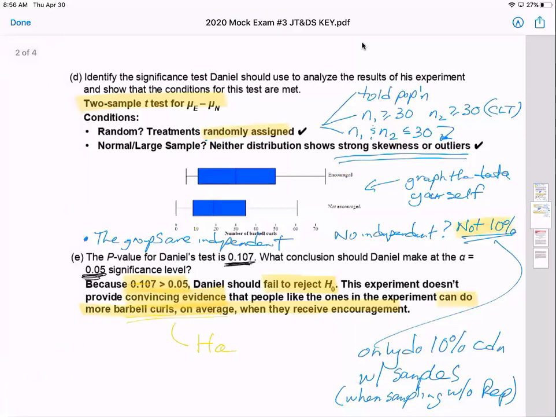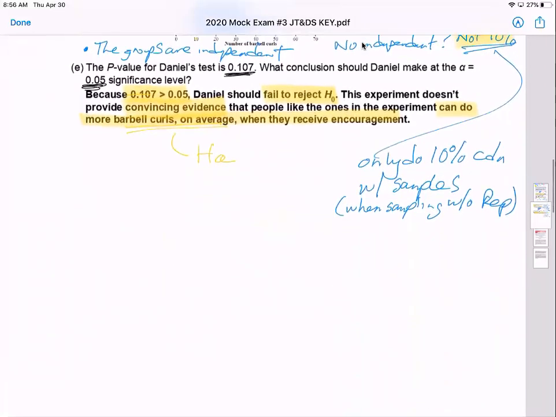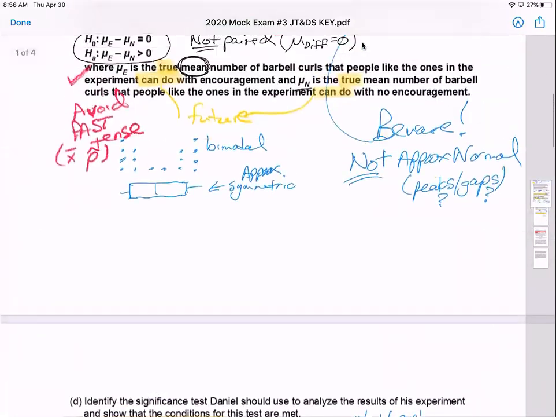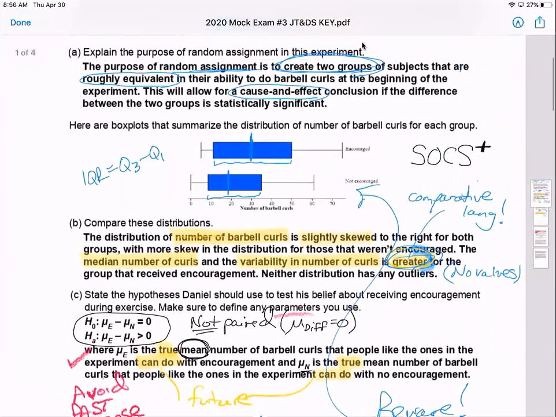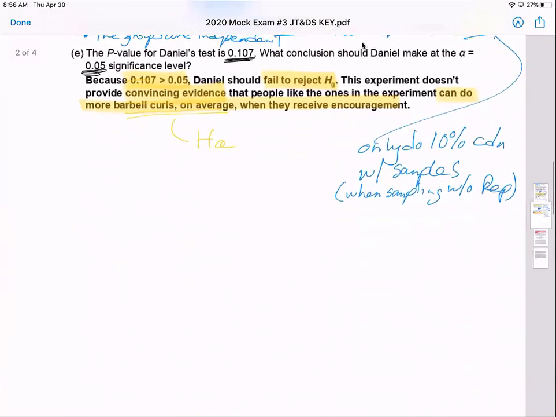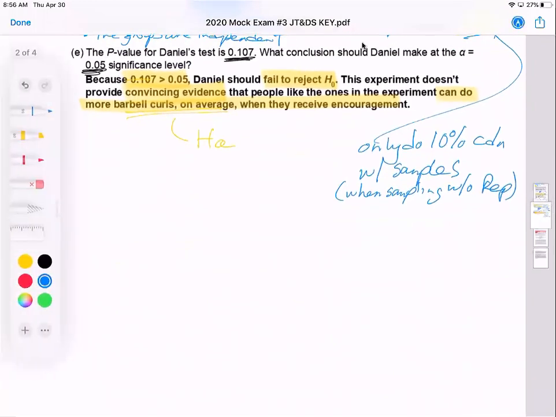And maybe while we're here, let's just review interpreting a p-value. That's definitely fair game. So interpreting a p-value, we don't know the actual difference. We're never told the difference in means. So I'll just give you a general template as a quick review. So to interpret the p-value, again, not required here.